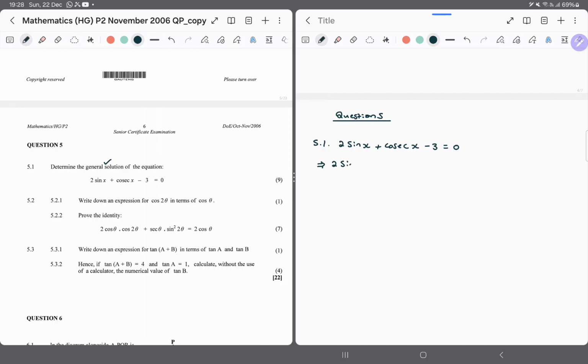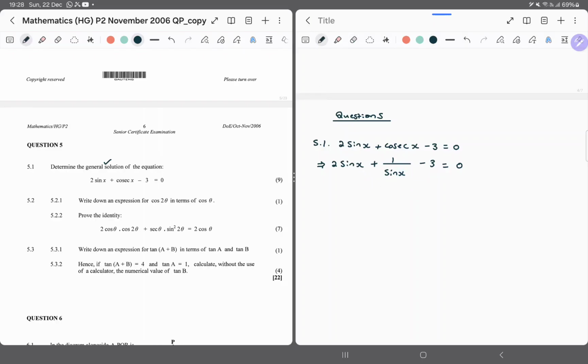So this is 2 sine x. There's nothing we can do about this, but this is an identity, so it's a reciprocal of sine. So this is over sine x minus 3 equal to 0. Of course, this implies, now in fact, what can we do, guys?